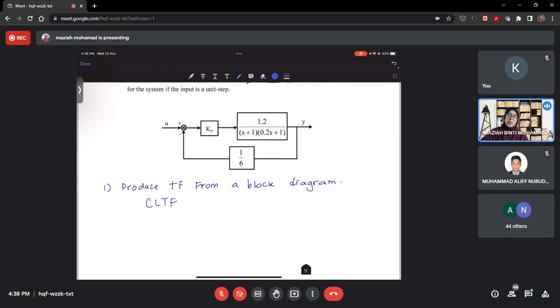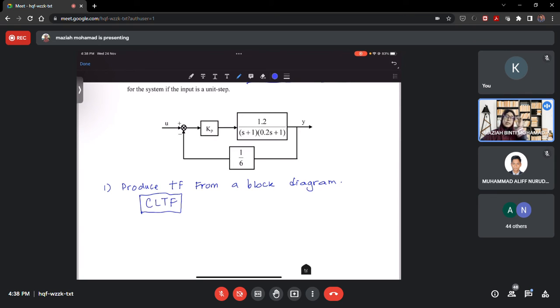So we need to produce a closed loop transfer function from the block diagram given. I already explained to you that some analyses require the open loop transfer function, like classification.